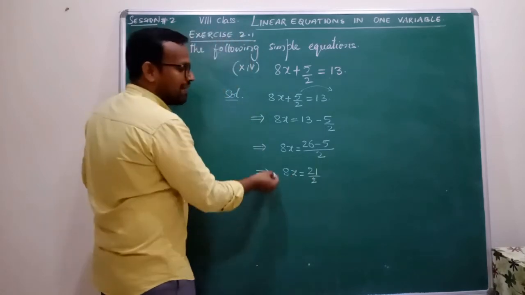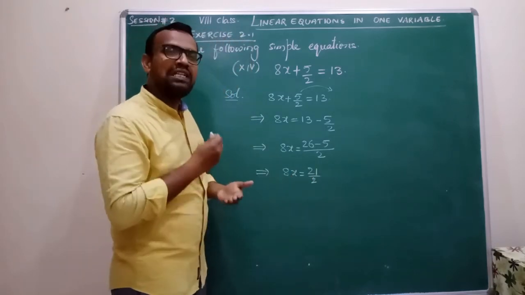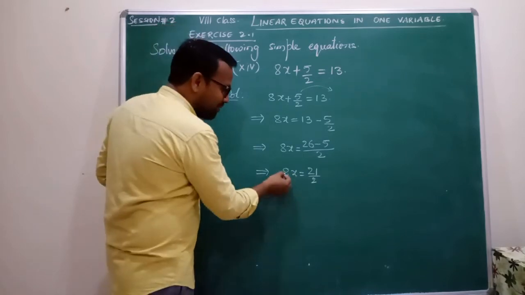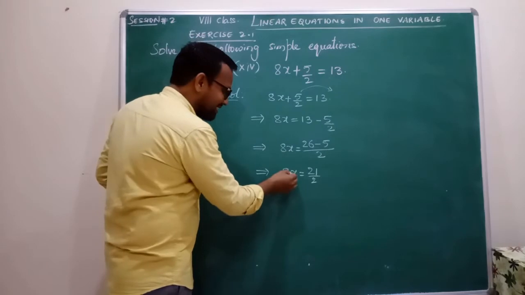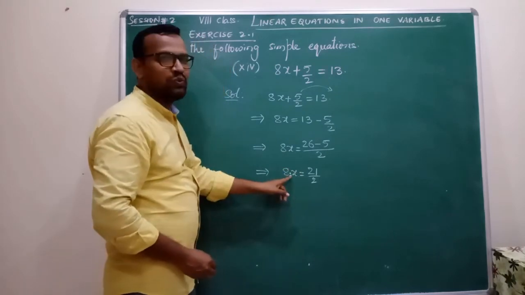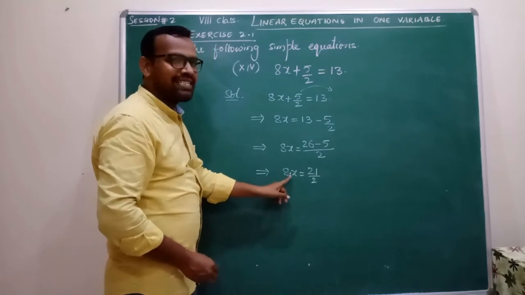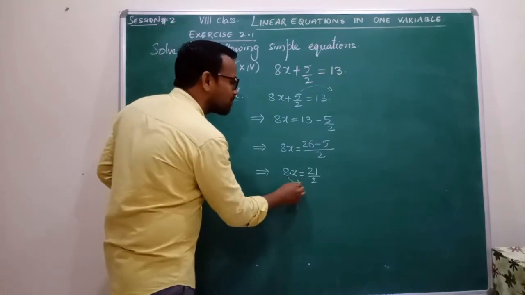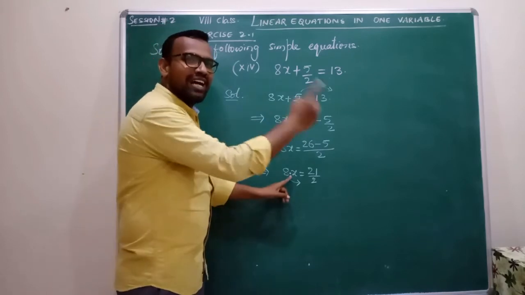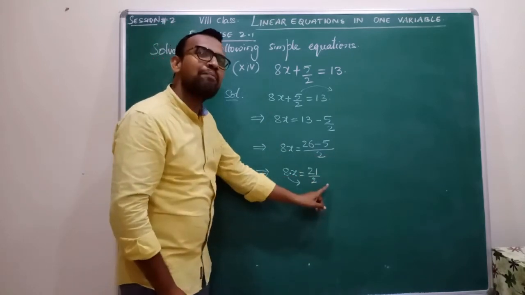Now, what is next? We need to transpose the constant with the variable. What constant is present with the variable? 8. What is the symbol between 8 and x? Into. So this into 8, I need to transpose to the other side. Into quantity after transposing becomes by.